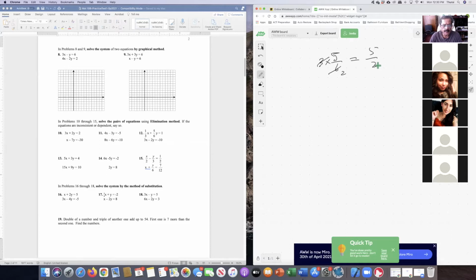We are going to multiply the first equation by a number that would eliminate all of the denominators. Anybody see the number? 9 or 6? 6 is the right number because 6 is divisible by both of those denominators. 3 divides into 6 and 6 divides into 6, right? So that's the kind of number you need.